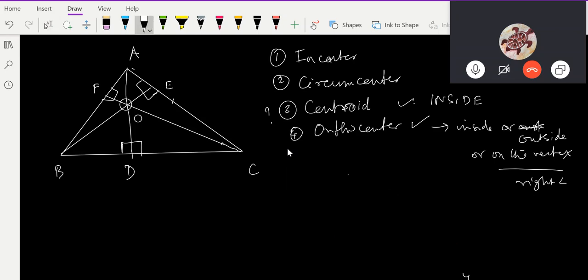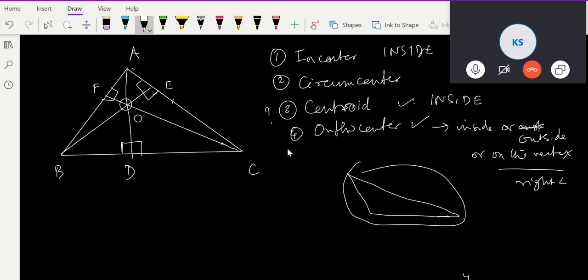Incenter has to be inside the entire triangle. What about circumcenter? That might be outside. Correct. When will it be outside? Obtuse triangles. Exactly. So circumcenter can be outside in the case where the triangle is like this.